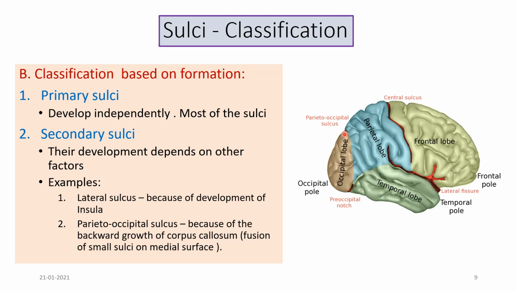So now you know what is primary sulcus that develop independently and secondary sulci that develop because of some other factor. The examples being lateral sulcus that develops because of insula formation, the parieto-occipital sulcus that develops because of backward growth of corpus callosum.